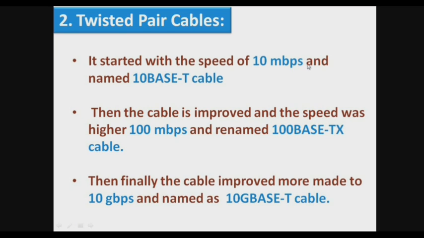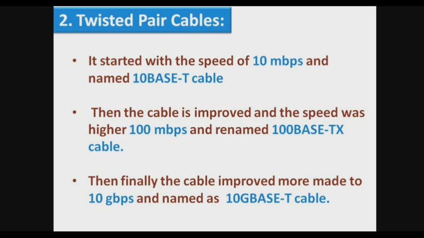That's why that cable is called 10 base T cable. So 10 base T cable can send data at 10 megabits per second. And to increase the speed, the cable was improved and renamed 100 base TX. This 100 base TX will transfer data at 100 megabits per second.